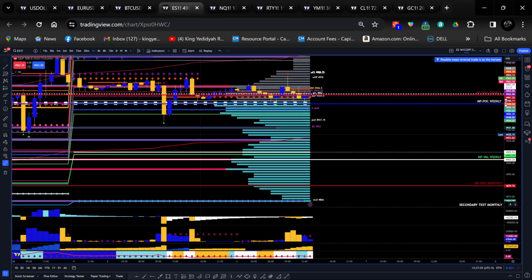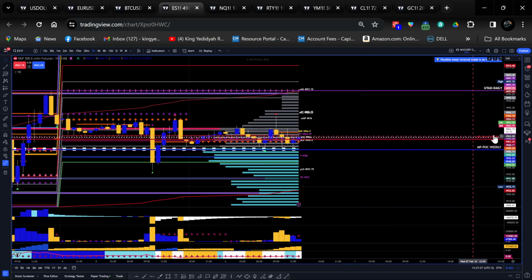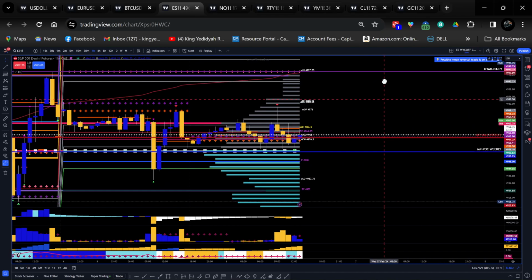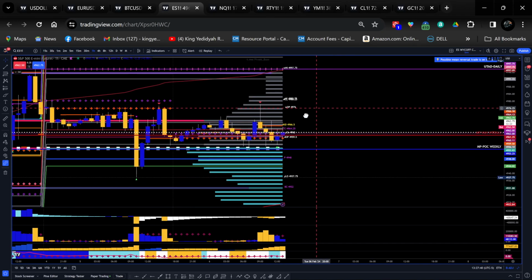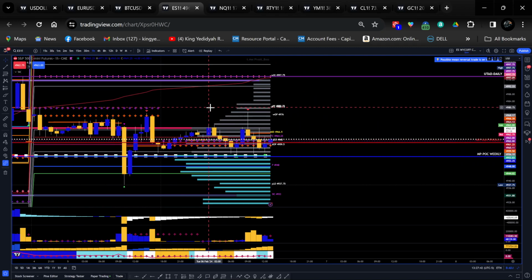So that's why I wasn't too keen on taking any shorts really. I'm more confident in the buy stops getting hit here today, and eventually we'll just clear out and probably close maybe on the highs 4980.75 or above that 4981.50.